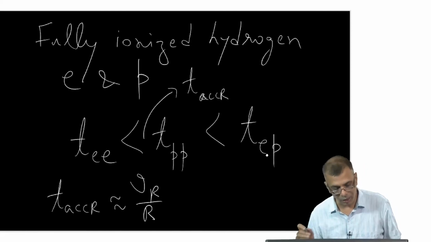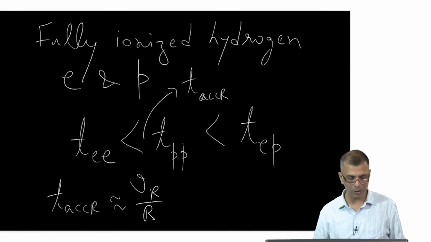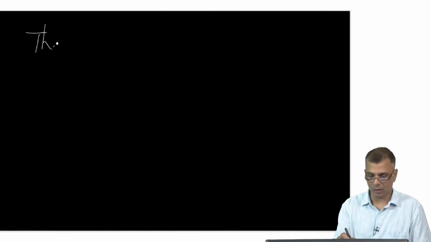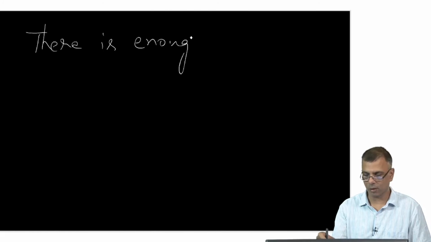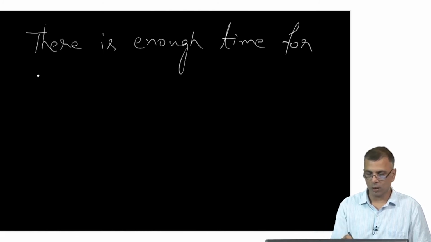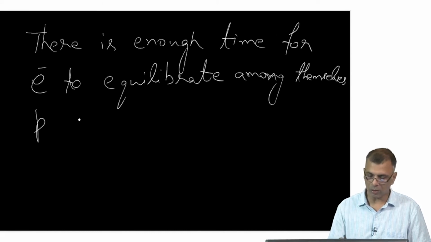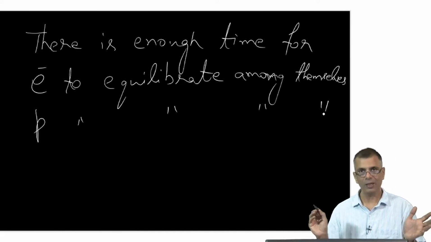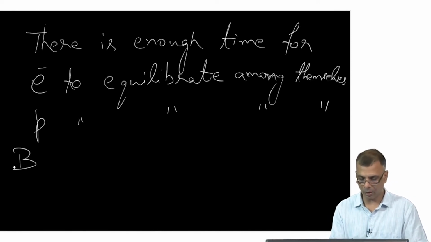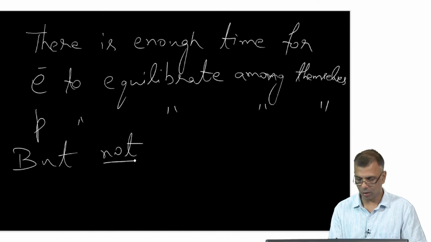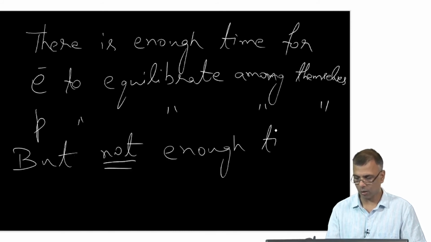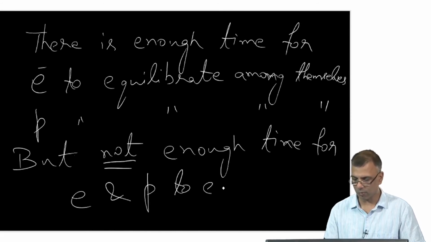In other words, most of the time there is enough time for electrons to equilibrate among themselves, for protons to equilibrate among themselves, maybe, but not enough time for E and P to equilibrate.